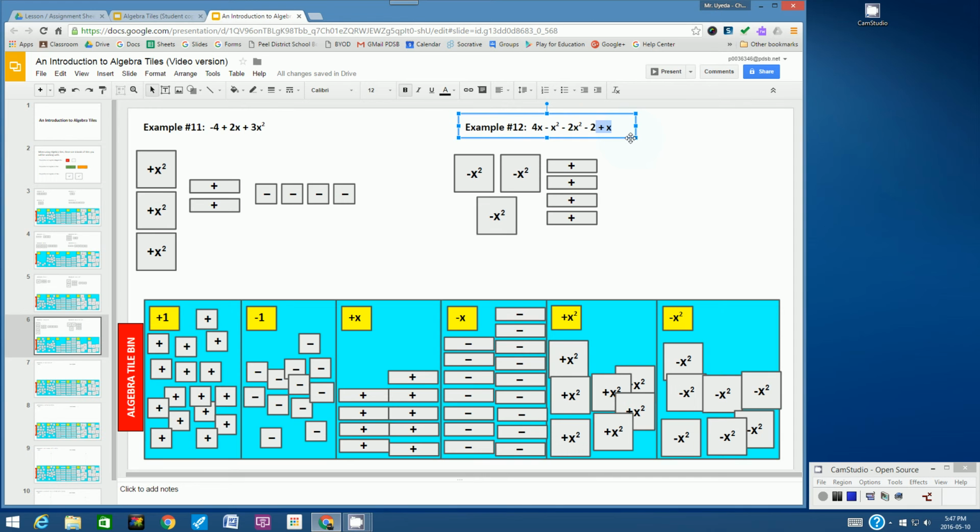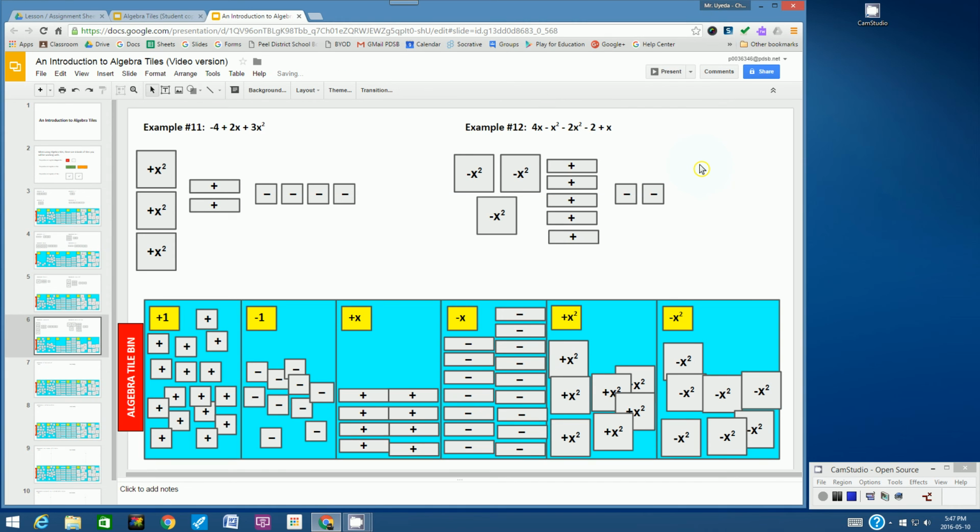So we have to add one more positive x tile. Okay. Now let's scan our algebraic expression. Are there any integers? It looks like we have one integer here, which is negative 2. So let's bring over two negative tiles. Okay. You can group these any way you want, as long as you have the x squareds first, then the x's, and then the integers.